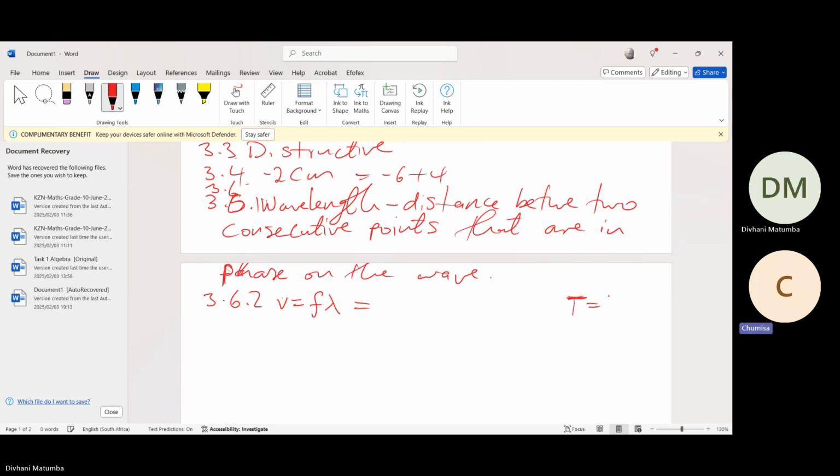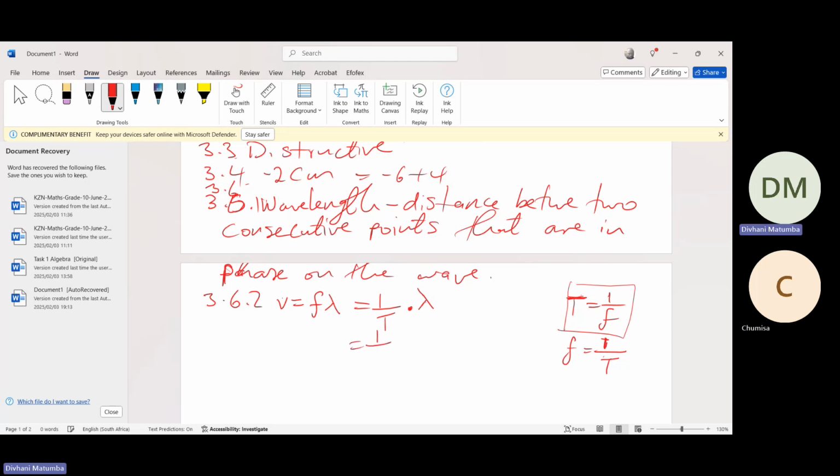Do you agree that frequency is also equal to 1 over T? Yes, sir. So I can put 1 over T times lambda.